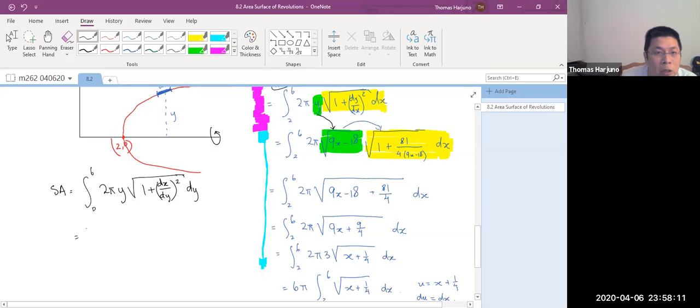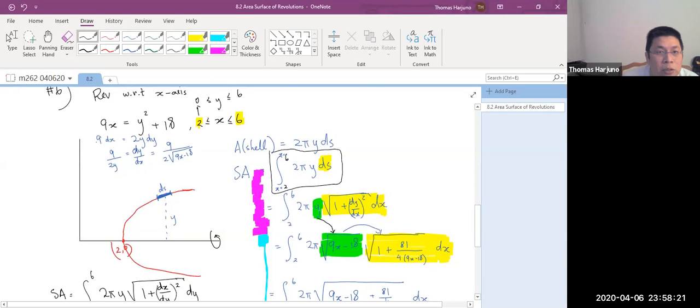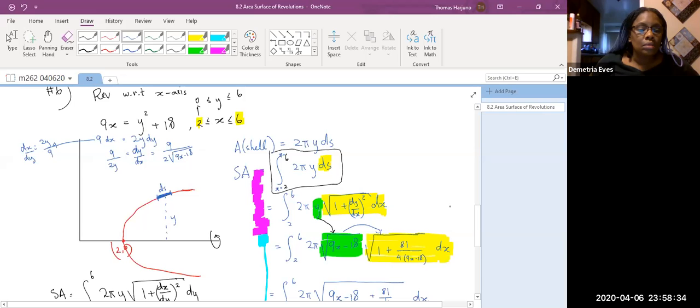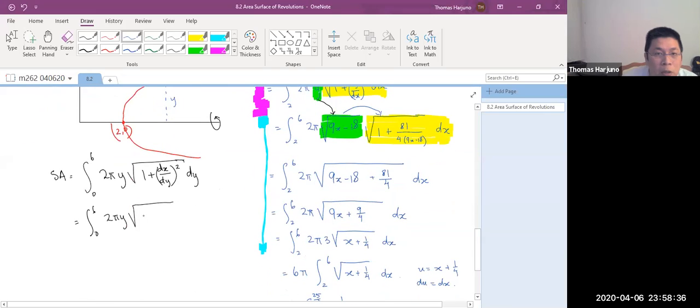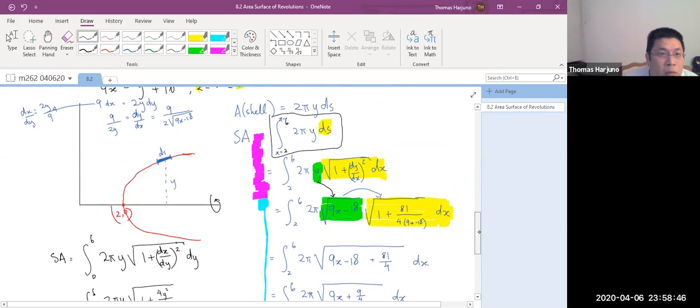Now, earlier we already computed the derivative of x with respect to y. So if I quote from here, dx/dy equals 2y over 9. You see that? Okay, then when I square it, it becomes 4y squared over 81.